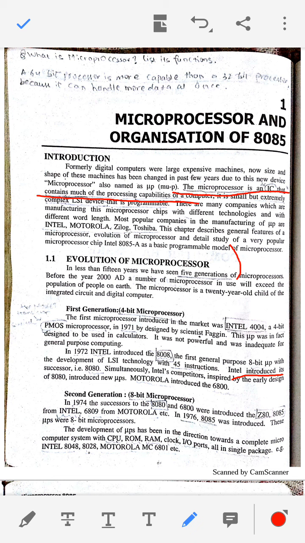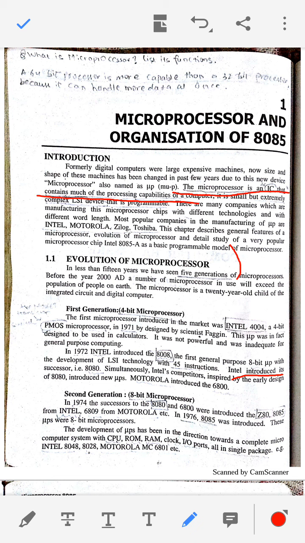Microcomputer, you can say your PC, laptop is your microcomputer. A microprocessor with ROM, RAM, clock, input output ports all together is known as a microcomputer. So the evolution of microprocessors was towards the development of microcomputers.